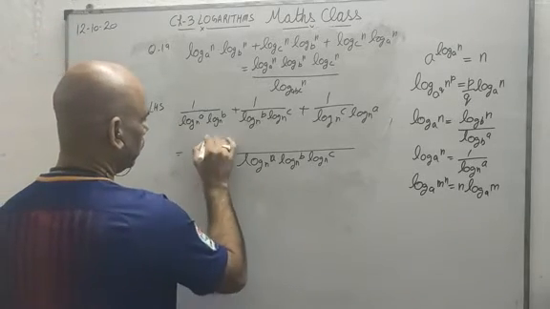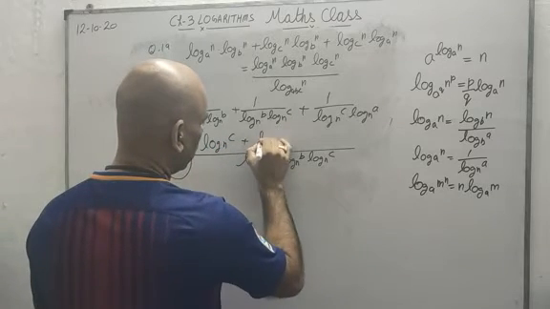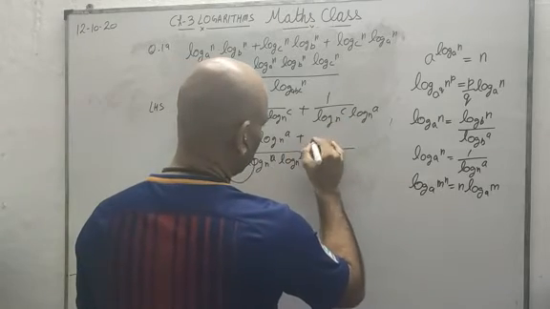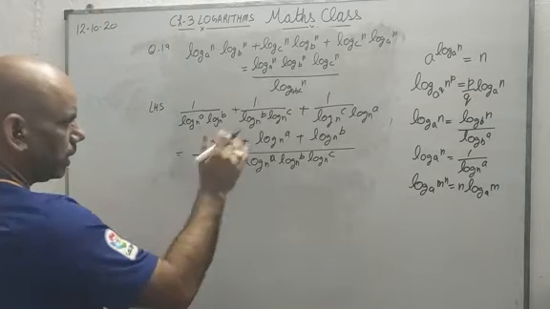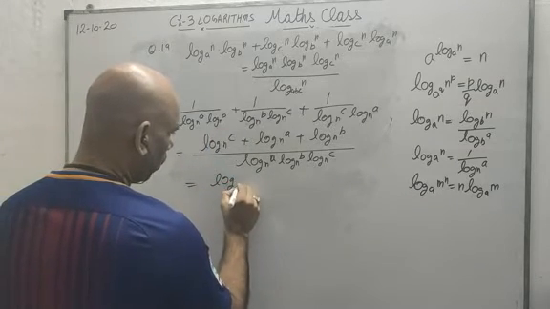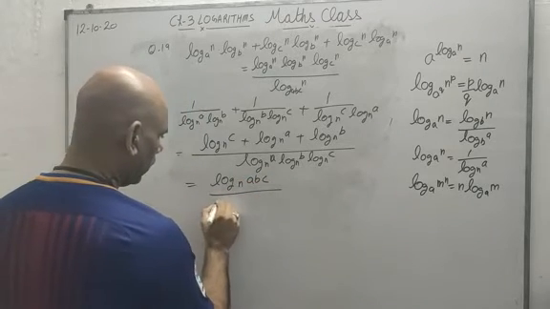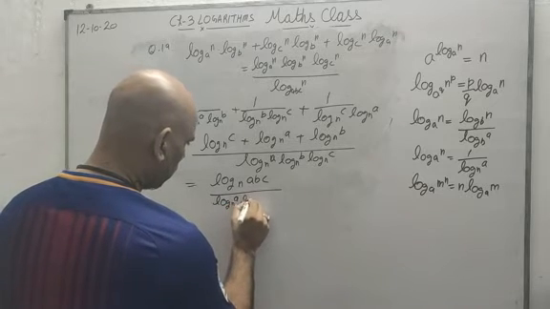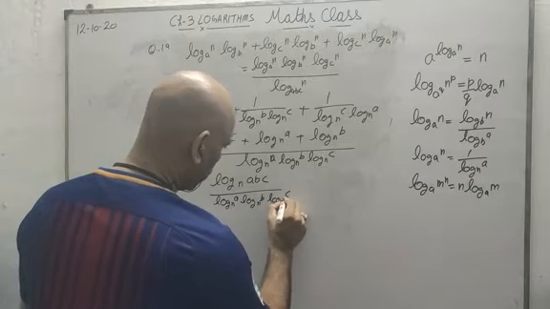A and B are here, so C will be here, log C base n. B and C are here, so log A base n, and C and A are here, so log B base n. In addition, they must be multiplied, so it will be log n A B C, and in the bottom log A base n, log B base n, and log C base n.